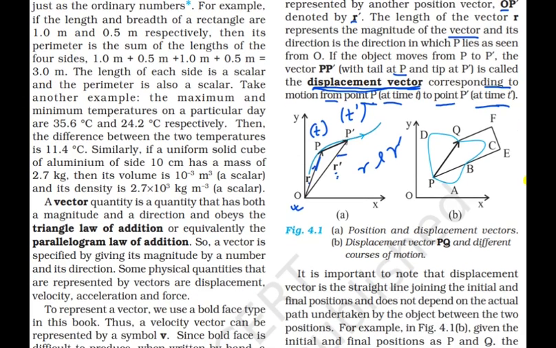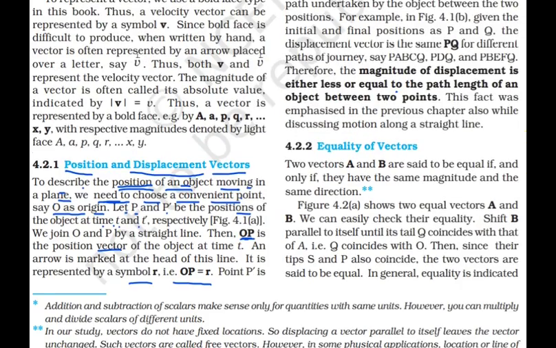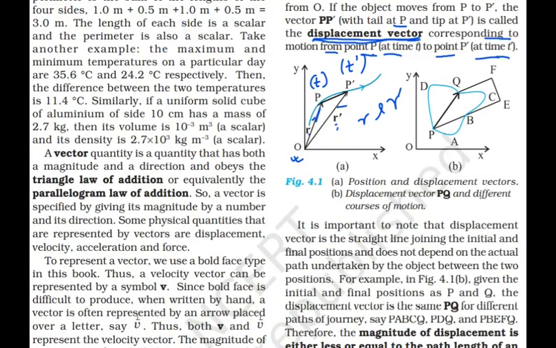So what we have seen in this picture is that R and R dash are the position vectors. To represent a position vector, we have to choose an origin, and P to P dash is the displacement vector.